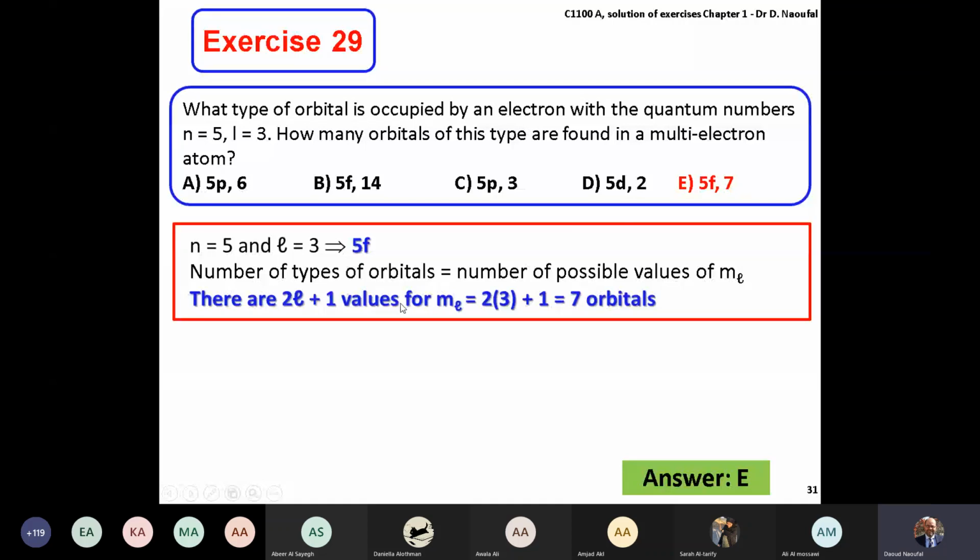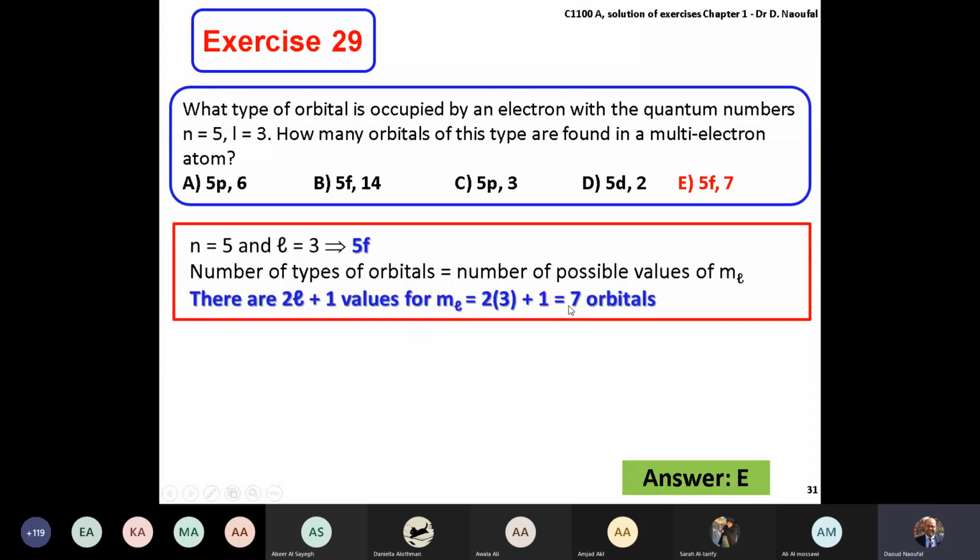We can follow another rule. The number of orbitals is equal to the possible number of m_l, and the possible values for m_l is given by the relation 2l plus 1. So in this case, l equals 3. 2 times 3 is 6, plus 1 equals 7.